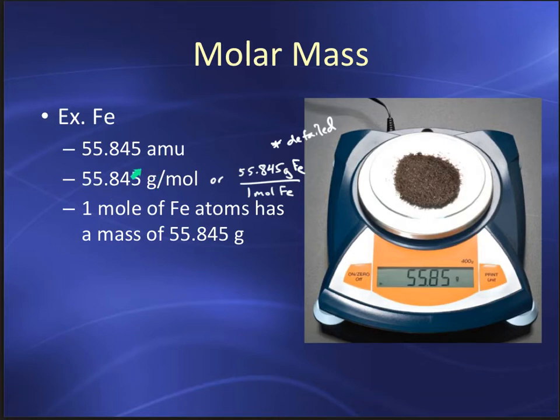Yes, this is the correct value, and grams per mole is still the right units, but we want to start getting more specific and saying grams of iron per mole of iron. So if you wanted 1 mole of iron atoms, which is also 6.02 times 10 to the 23rd atoms of Fe, you would go to the scale and weigh out 55.845 grams, or as close as you could based on your scale.